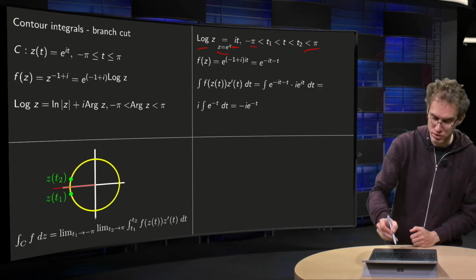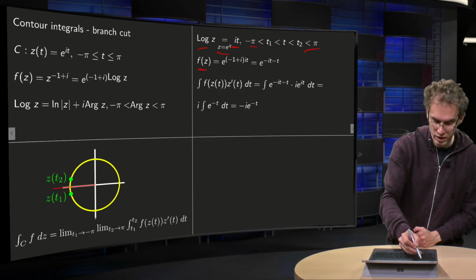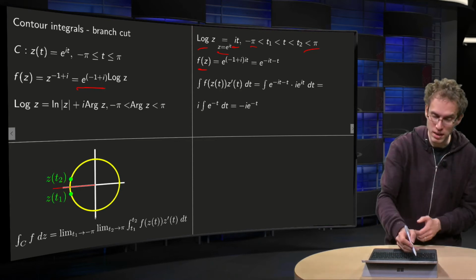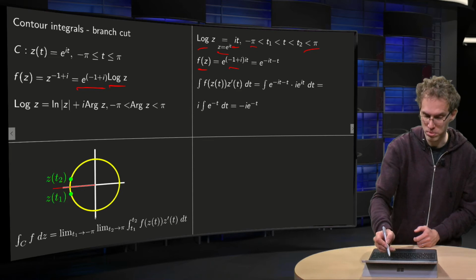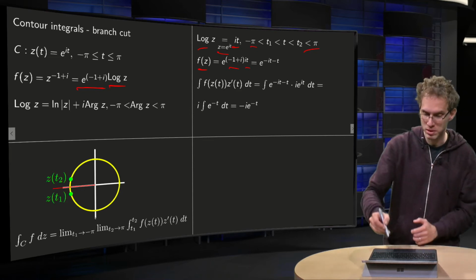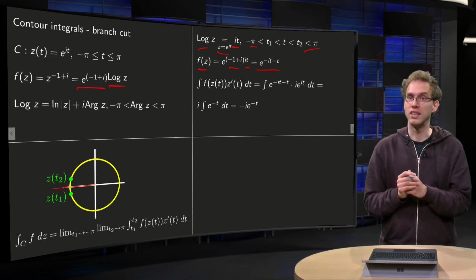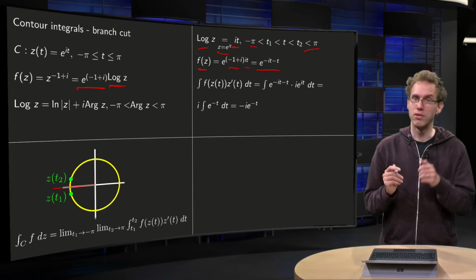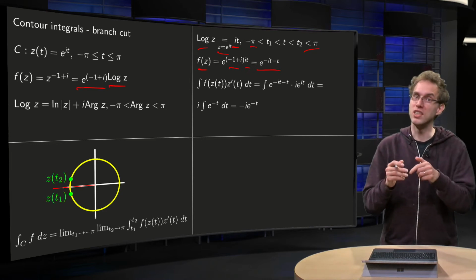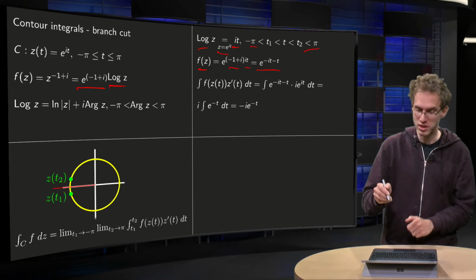So our f of z becomes e to the power (minus 1 plus i) times this log, so e to the power (minus 1 plus i) times it becomes e to the power minus it minus t. Then it becomes really nice because the dz becomes i times e to the power it dt.